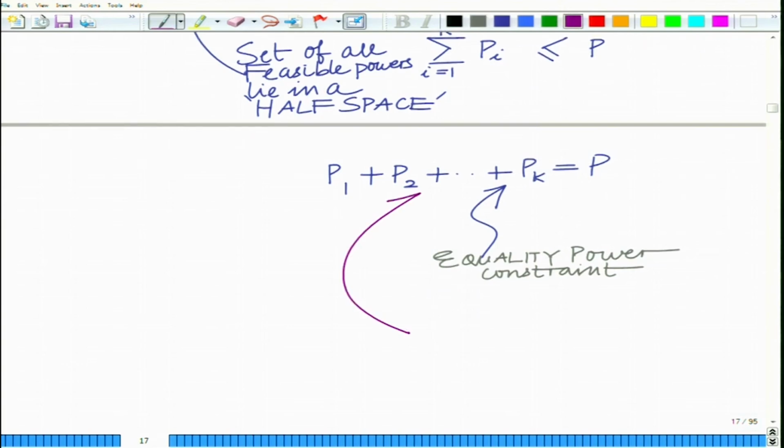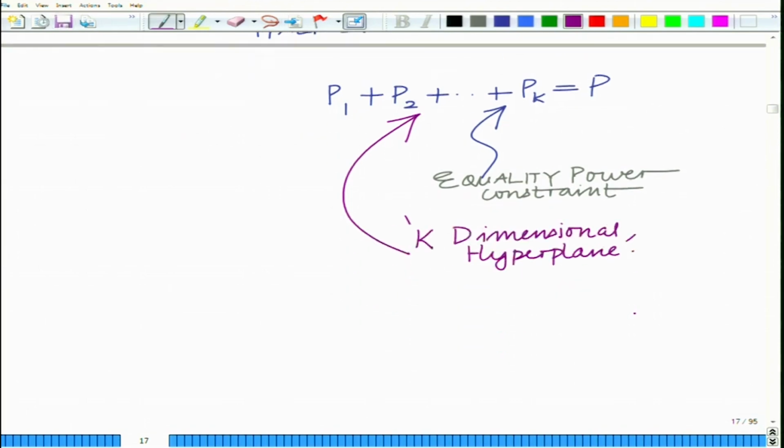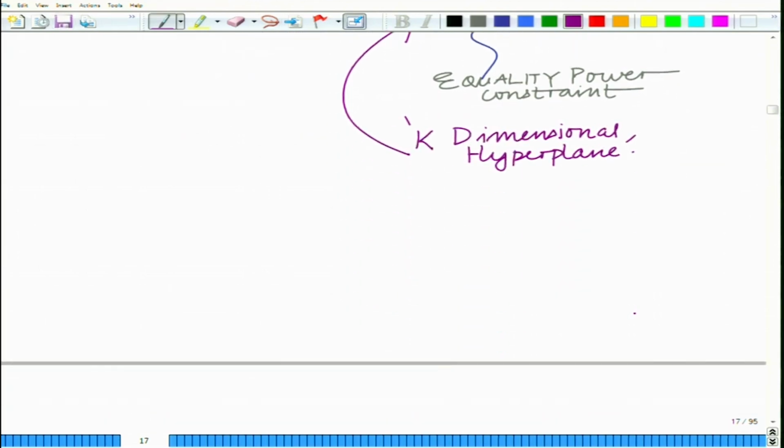So all the feasible powers lie on a hyperplane, a k dimensional hyperplane.